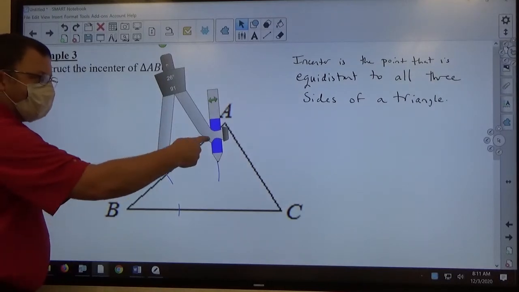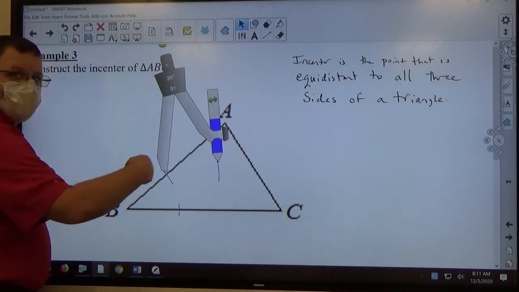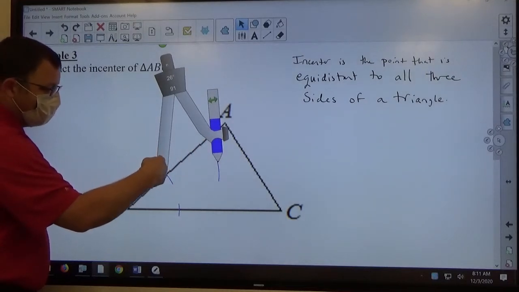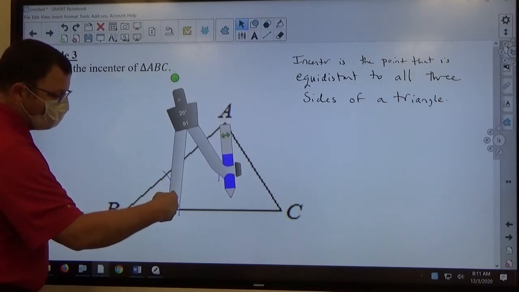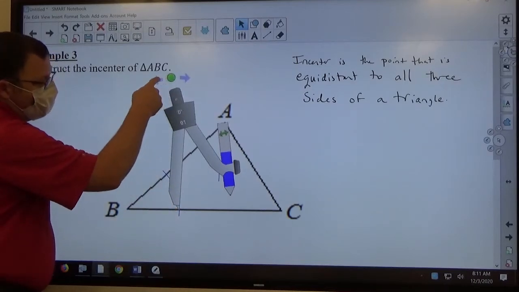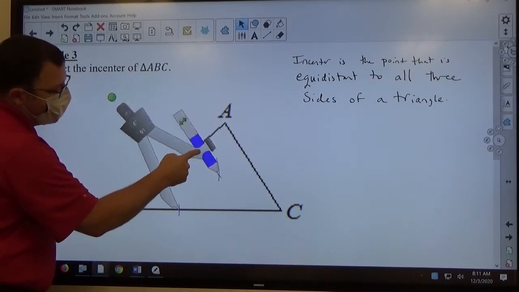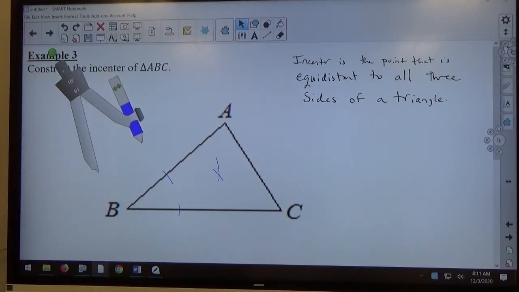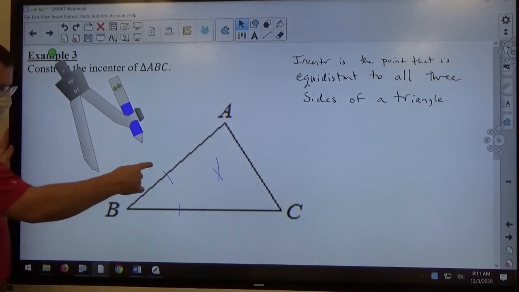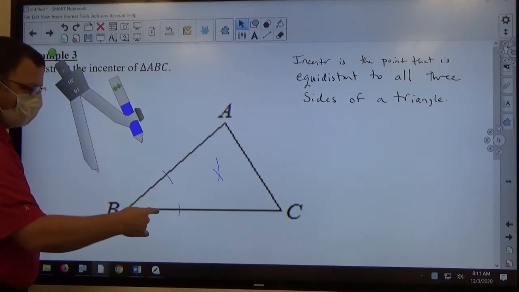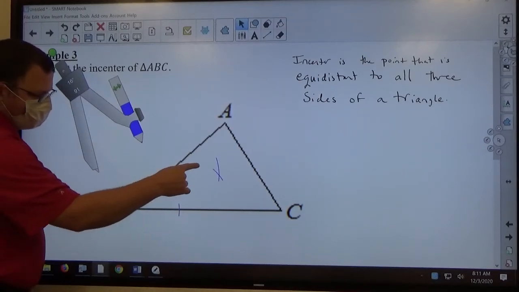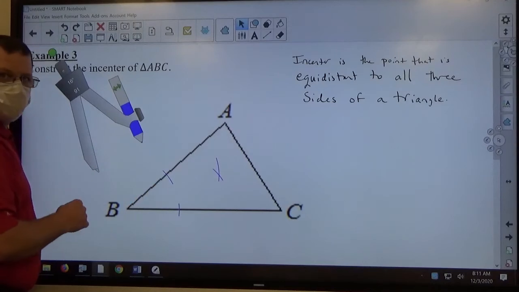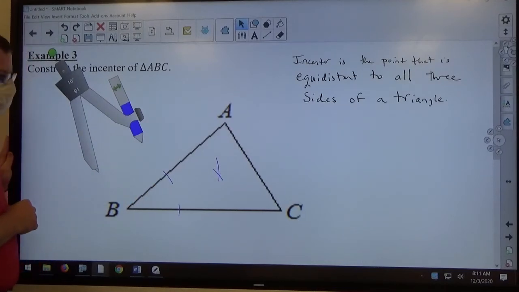Now, I did say any radius was fine there, but once you pick that radius and make this arc, the same radius needs to be used when you move down to the other point, and you want to intersect that. So, two marks that are the same distance away from B, and then a mark from this spot and a mark from this spot, the same radius to create that intersection of arcs.